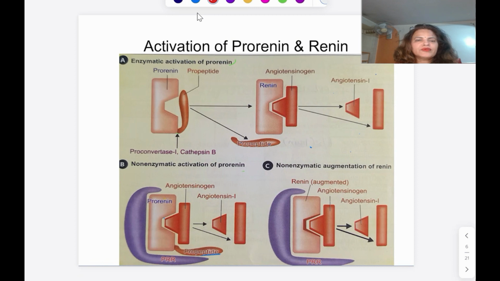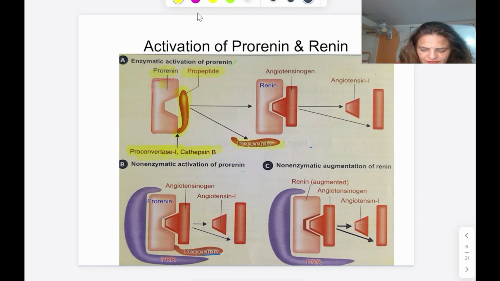This I have taken from Tripathi. So this is prorenin. Enzymatic activation is with the help of proteases; here the proteases are proconvertase and cathepsin. They remove this propeptide, which is hindering the activation of prorenin. They cleave it off, as you can see here.